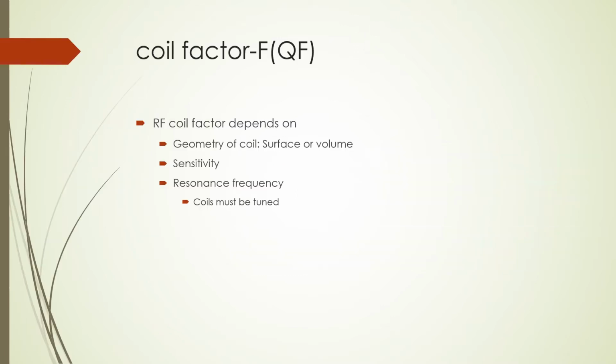The performance of RF coils depends on various factors. One factor is the geometry of the coil. For small anatomies, a solenoid coil is used to envelope the anatomy, but for most body parts, a surface coil is more practical. Another factor is the sensitivity of the coil to the RF signal from the patient.